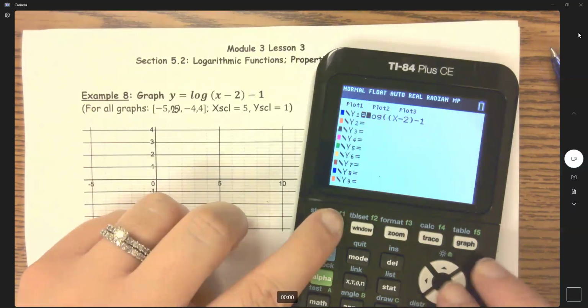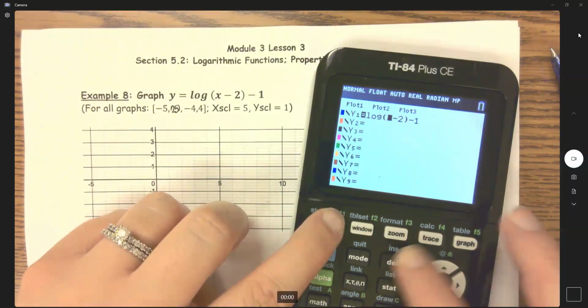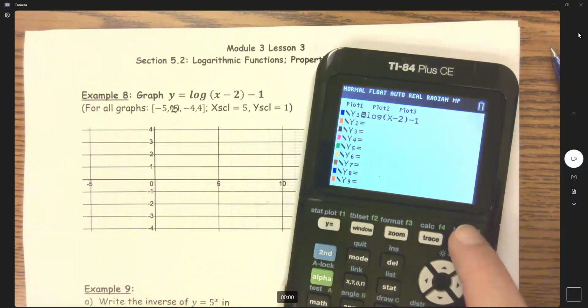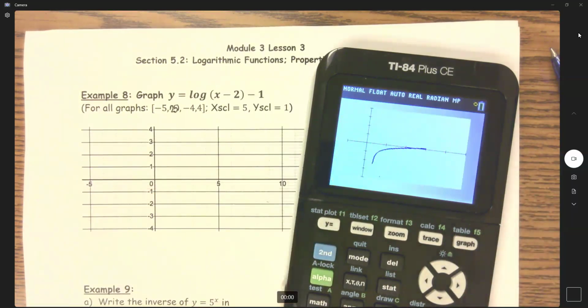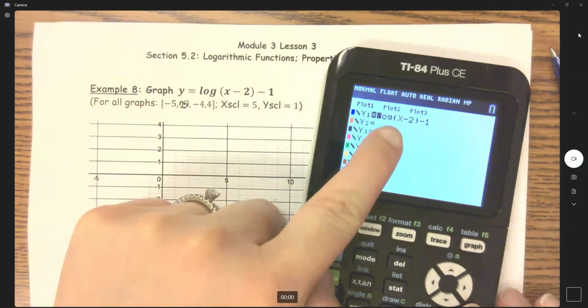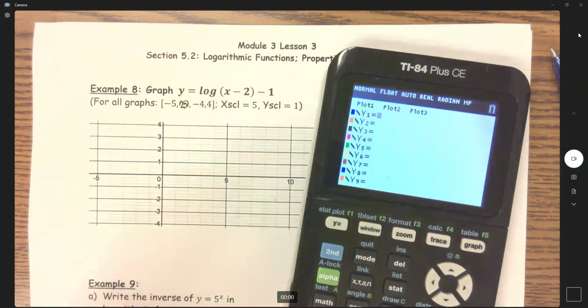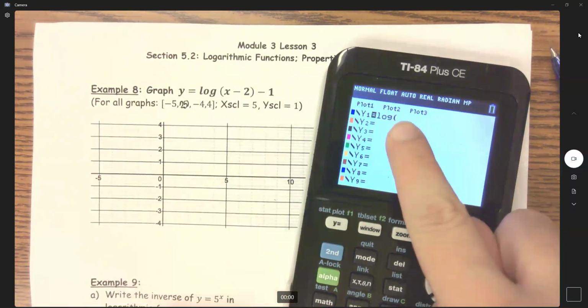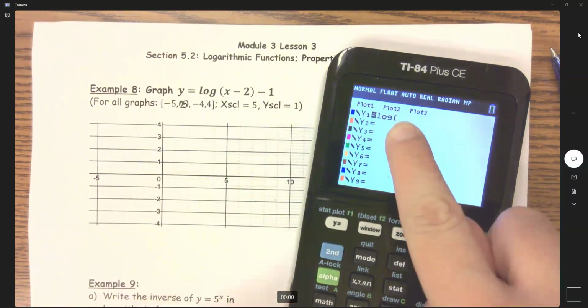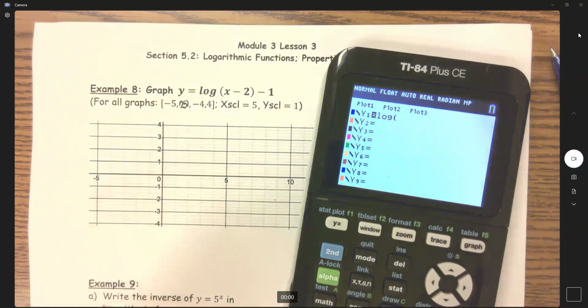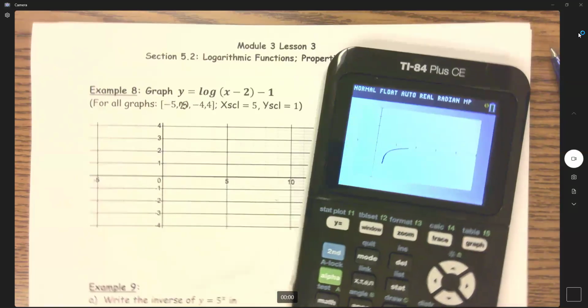Oh, that was a little off. I had 2 parentheses here. Make sure you don't do that. When you hit log, it already opens up the parenthesis, so we don't need another one. So log opens up the parenthesis, x minus 2, and then close it, minus 1. Okay, that's what our graph should look like.